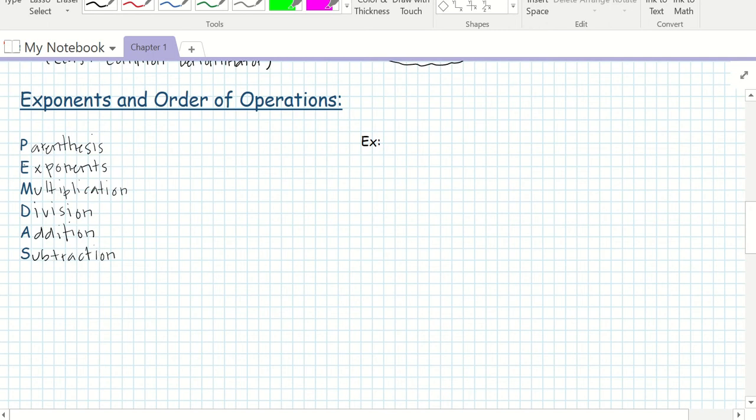Now, I just want to make sure that I'm clear. Multiplication and division go hand in hand, and so do addition and subtraction. Usually for these two and these two, we work on them from left to right. I'll do an example.